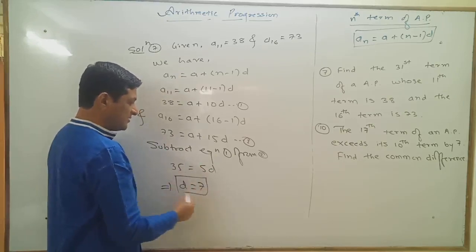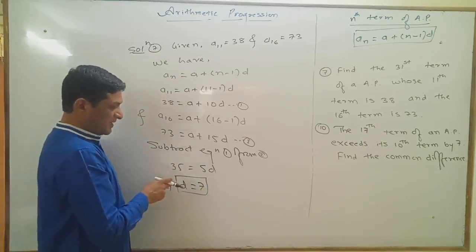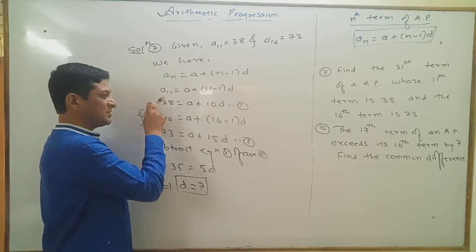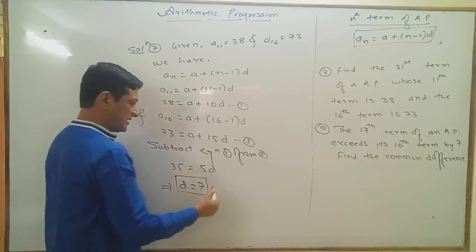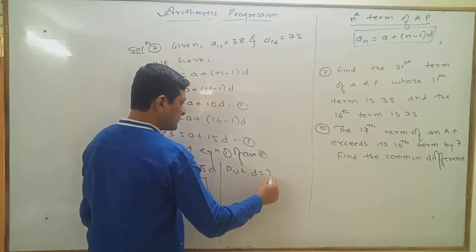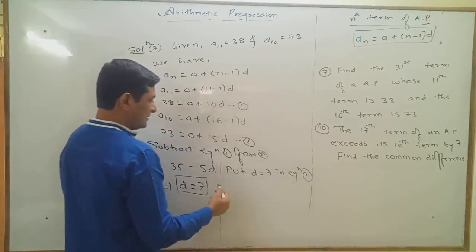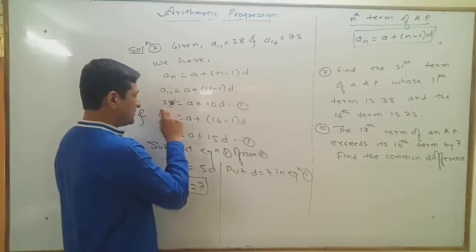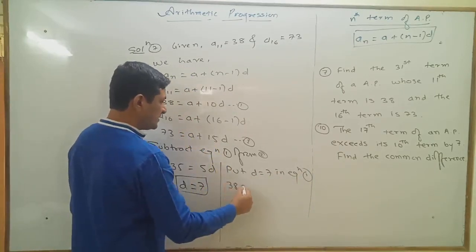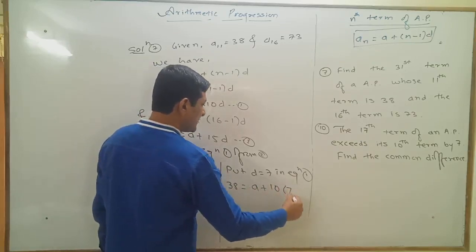Once the value of d is known to us, later on we try to find the value of a. To find a, substitute this d either in equation number first or in equation number second. So we are substituting this value. Put d equal to 7 in equation first. So this is equation first: 38 keep as it is, a also as it is, plus 10 into d, I am replacing by 7.